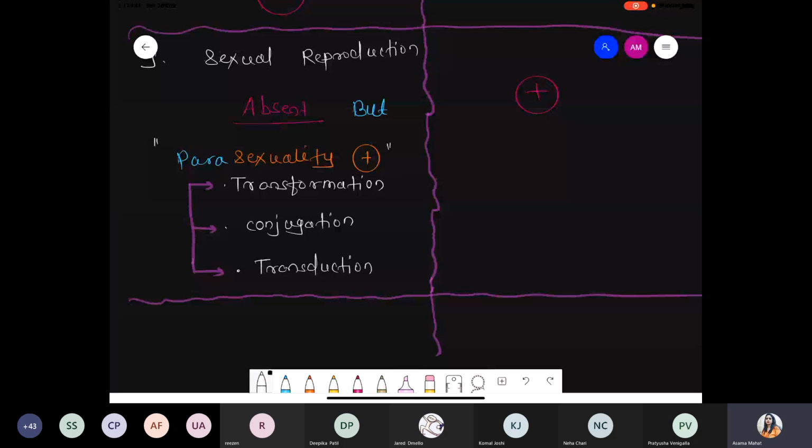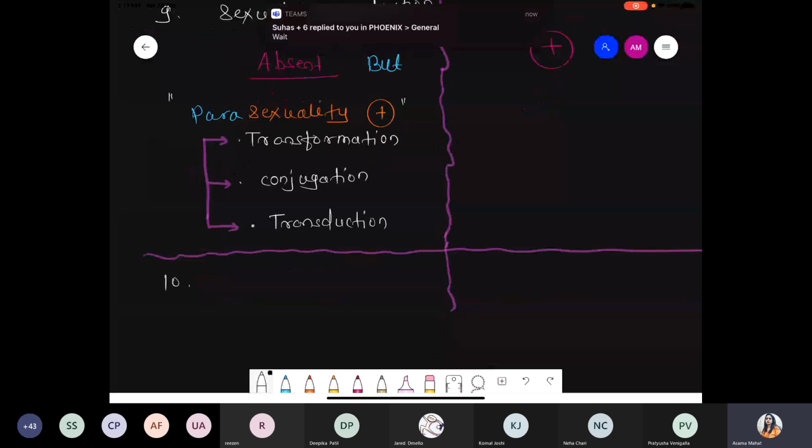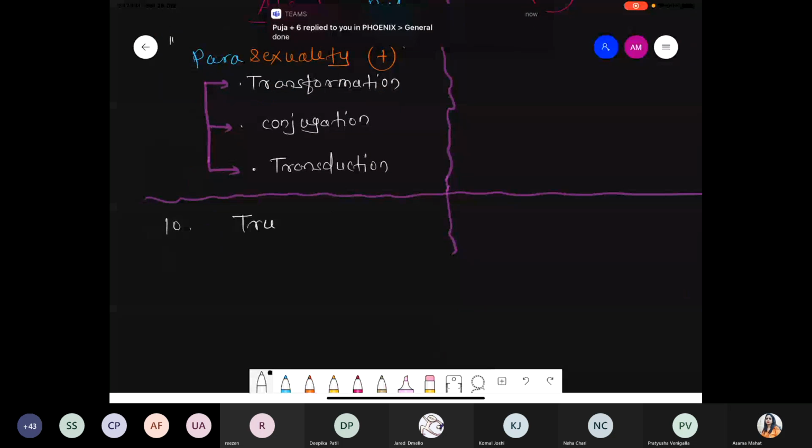So next, we are talking about point number 10, presence of the true vacuole. You know very well, true vacuole is absent in the prokaryotic system, but in eukaryotes, true vacuole is present.